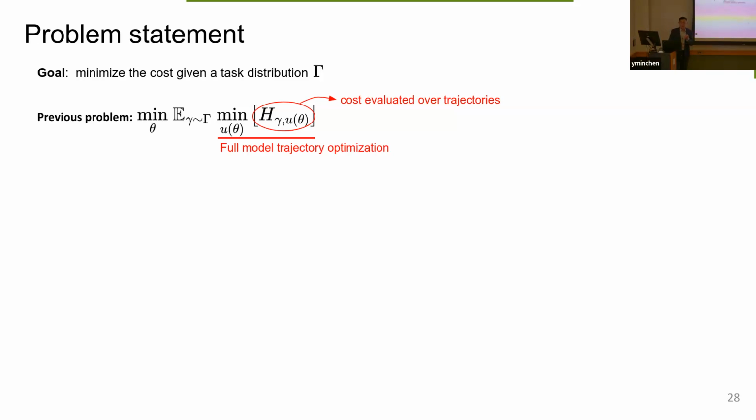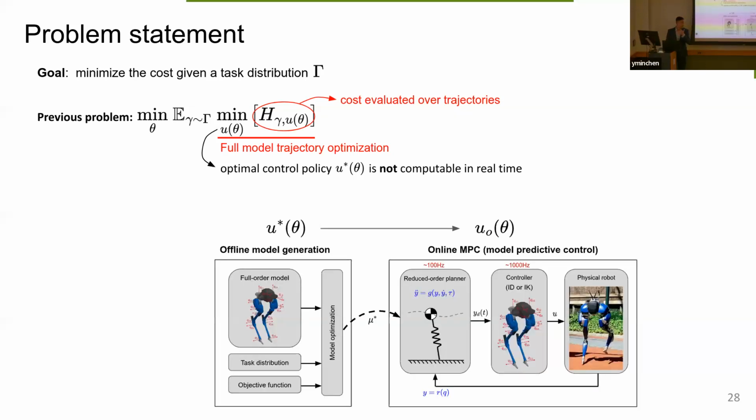One issue that I didn't mention explicitly was that this optimal policy is not computable in real time. So if we want to put this on a robot, we have to find an alternative policy. In the previous chapter, we used an MPC as this policy. So this gap in policy can potentially cause a gap in the performance too.